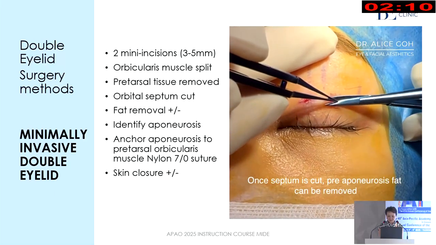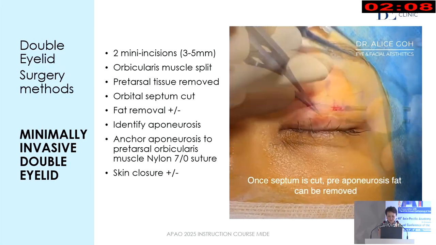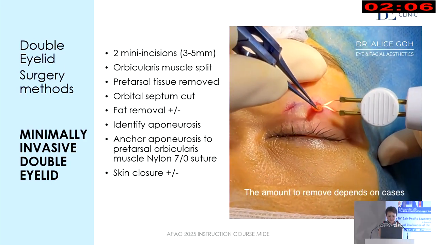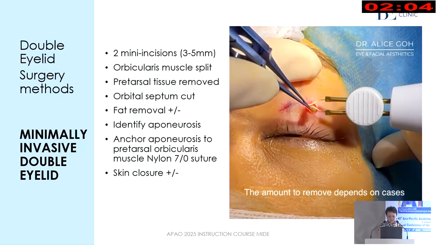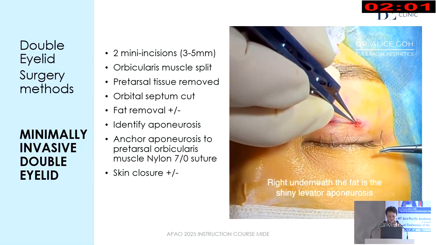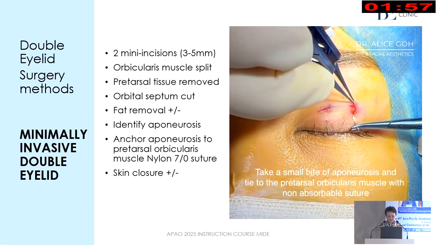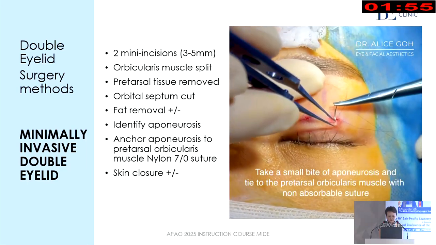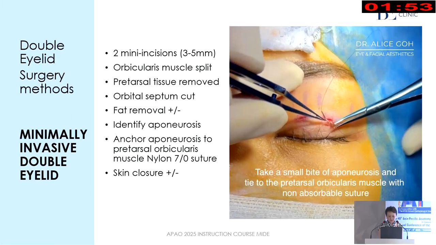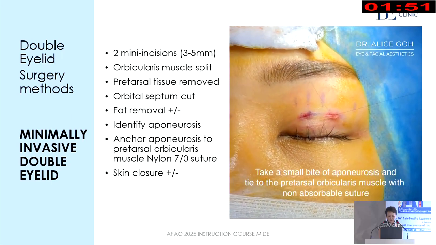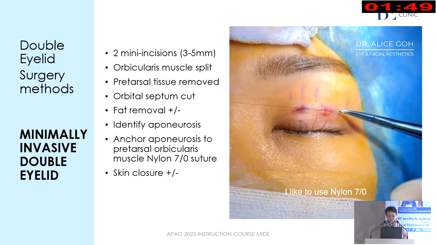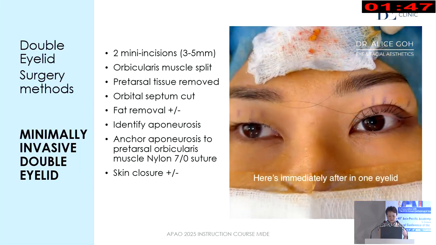Once the septum is cut, the pre-aponeurosis fat can be removed. The amount of fat to remove depends on each case. Right underneath the fat is the shiny levator aponeurosis. Take a small bite of the aponeurosis and tie it to the pre-tarsal orbicularis muscle with a non-absorbable suture, and I like to use nylon 7/0.